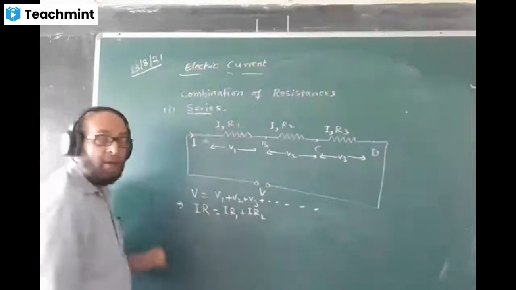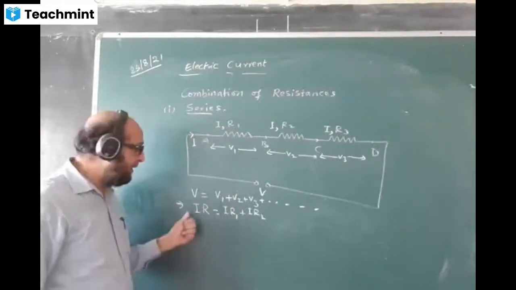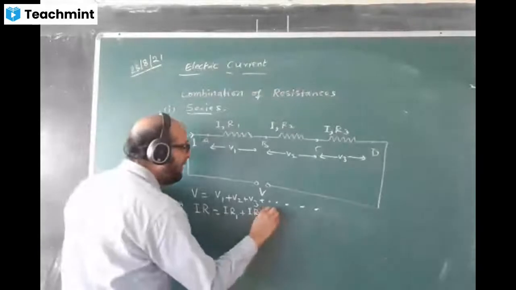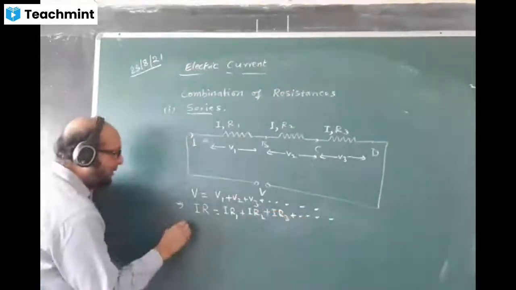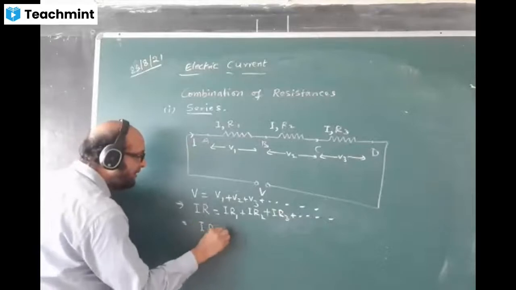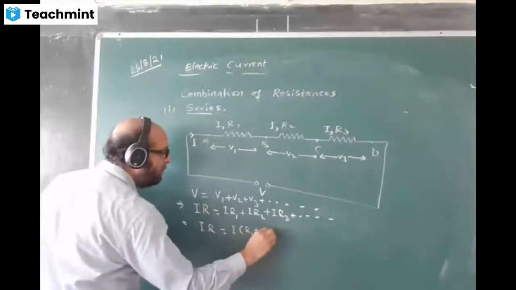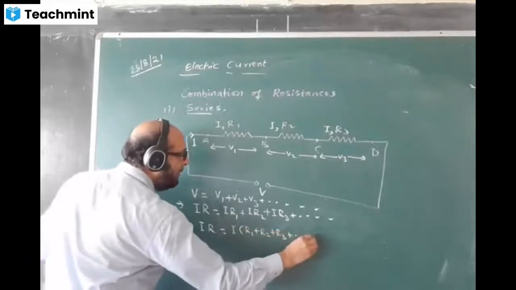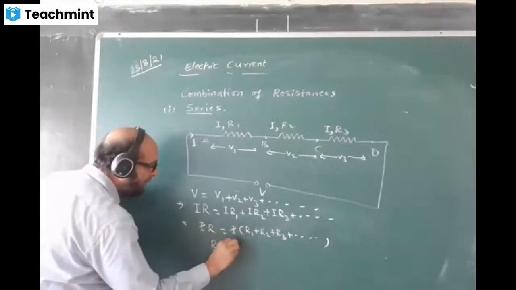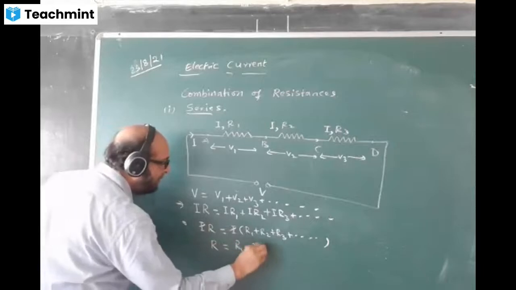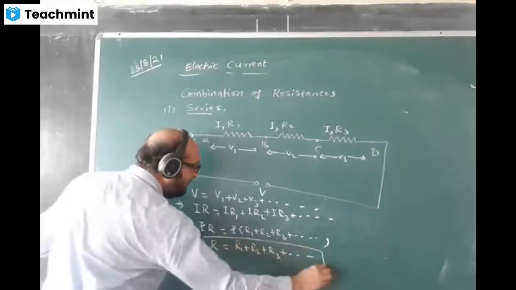This is from Ohm's law: voltage is equal to current into resistance. V3 is I into R3, and so on. Take I common. Here the answer will come R1 plus R2 plus R3 and so on. I and I cancel. This becomes the formula here.